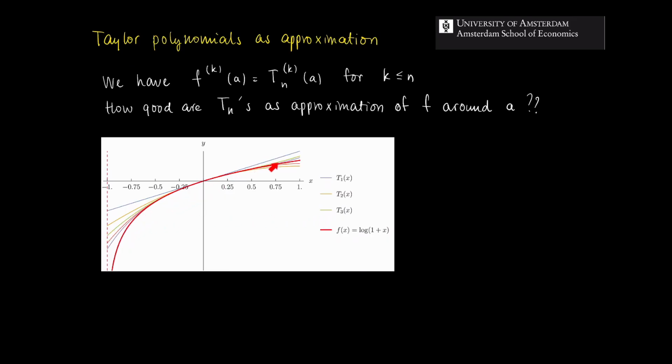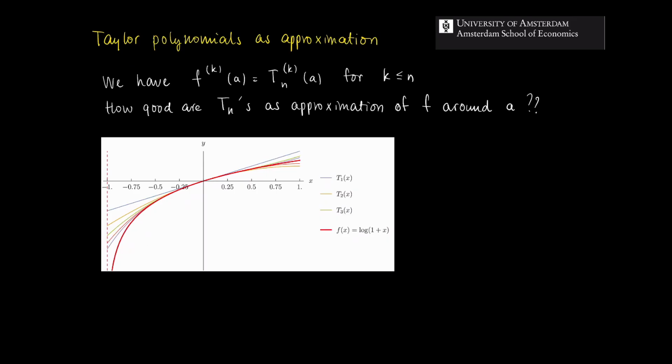So we see that the closer we get to a, the smaller the error becomes. If we look at Taylor approximations, the further away from a we get, the larger the distance between the Taylor polynomials and the function itself.